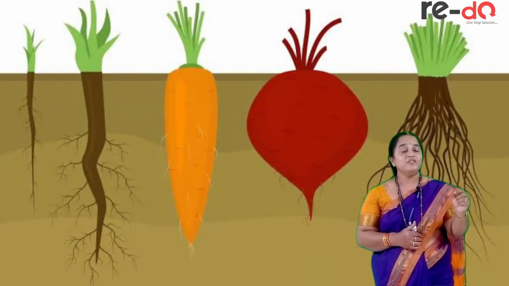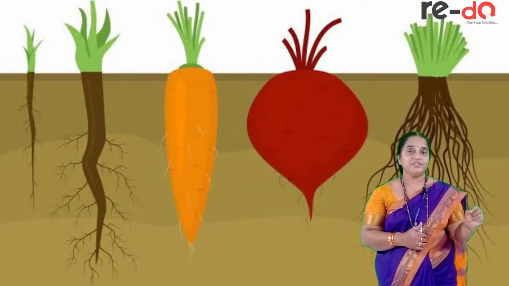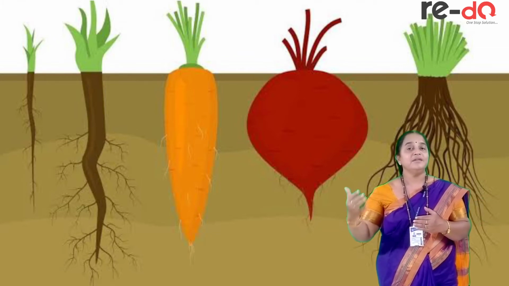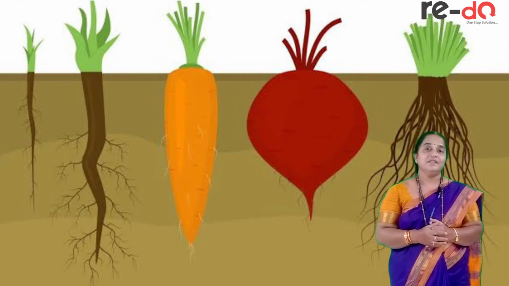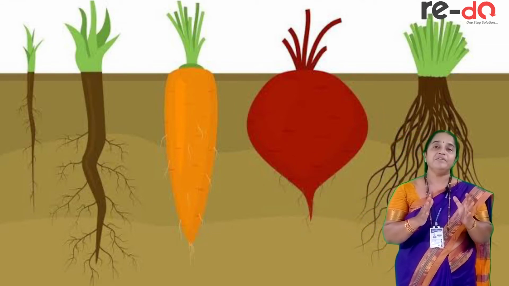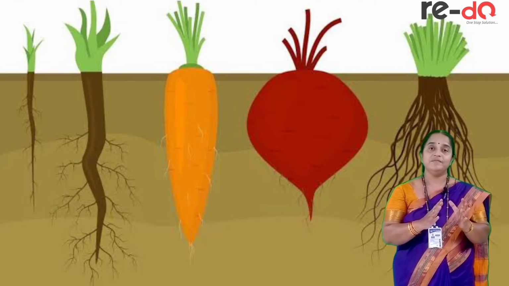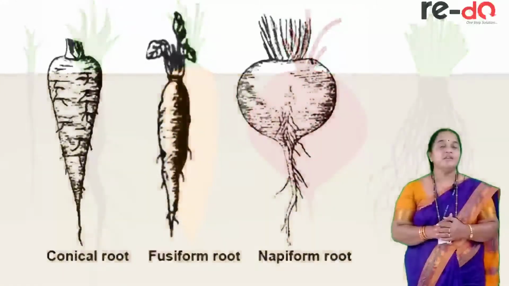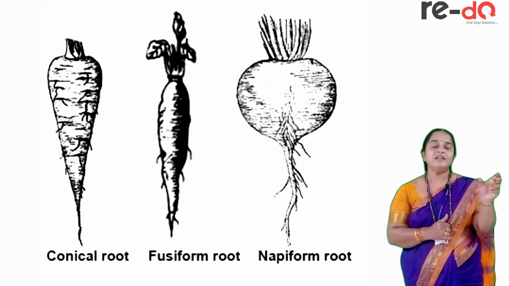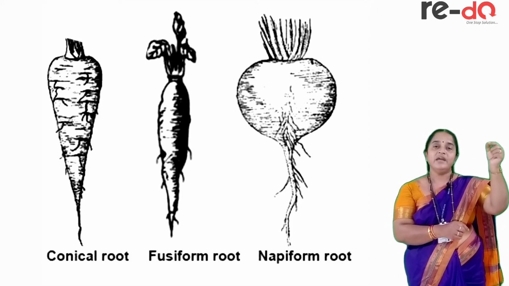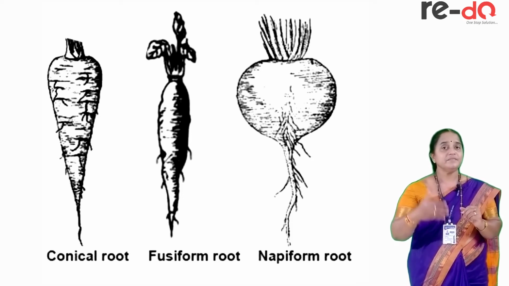The tap roots are modified for food storage. The main purpose is to store the food for perennation so that they will propagate further. Based on the shape of these stored roots, there are three names given. Fusiform root is found in the radish, whose middle part is swollen and both the ends are tapering.